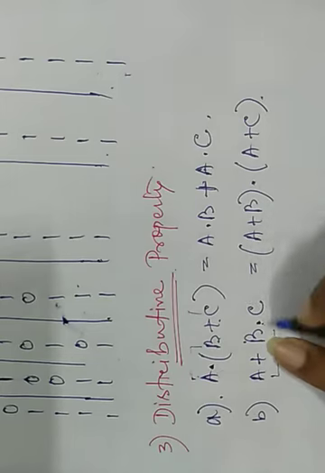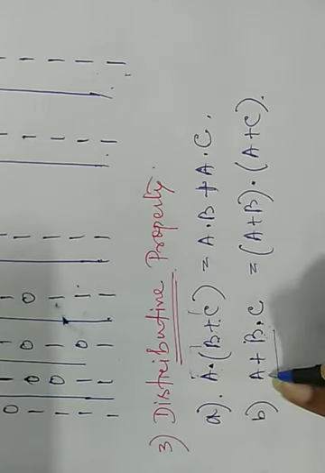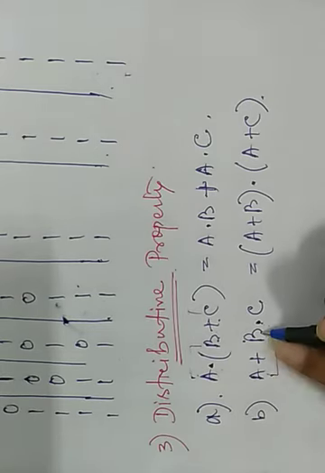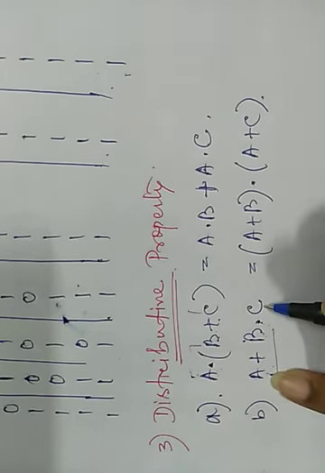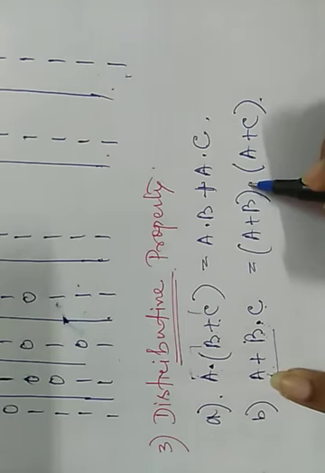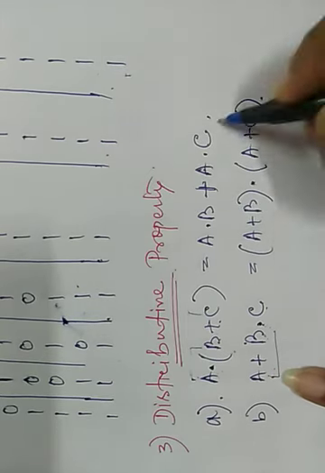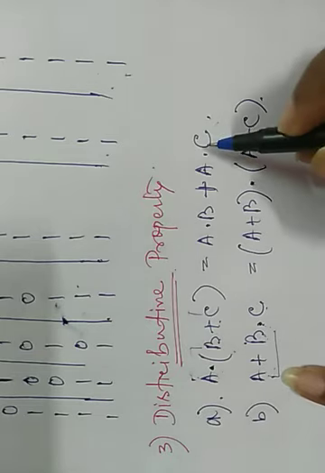So which one is in the middle? That operator which is between the two variables. That is, one time A does an OR operation with B, and the second time A does an OR operation with C, and between them there is the AND operation. This can also be proved using a truth table, which you have to do by yourself.